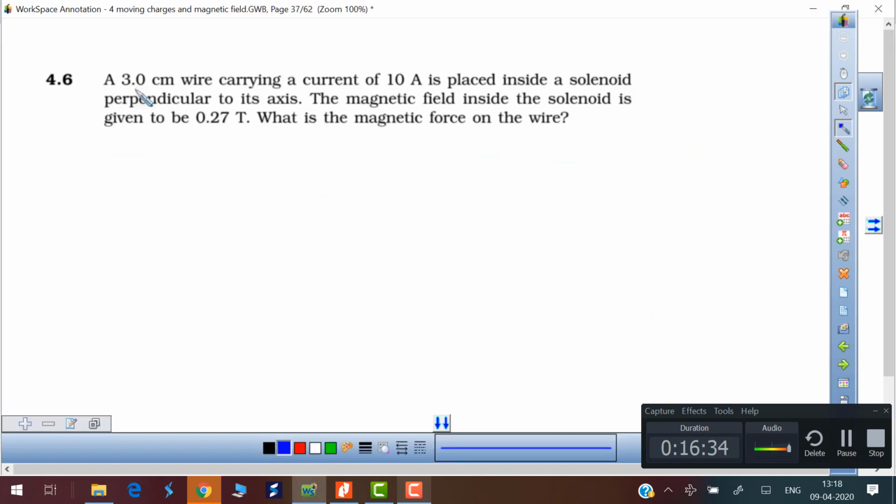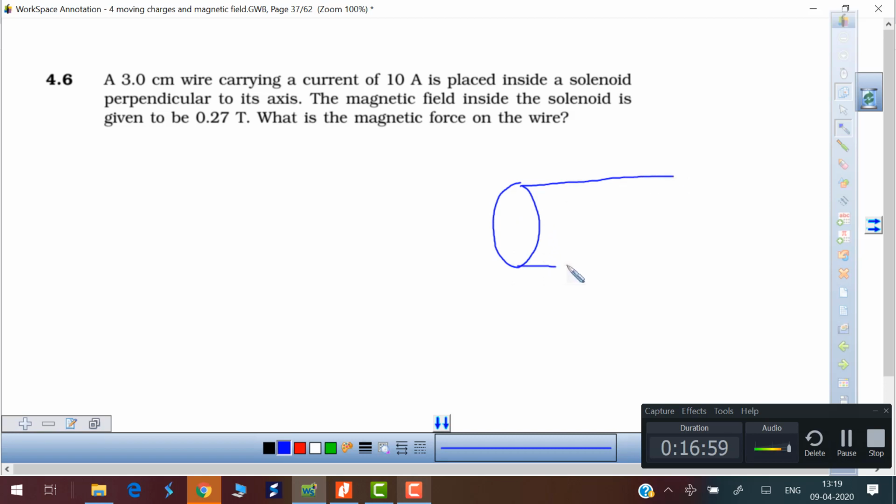Then sixth one, a 3 centimeter wire carrying a current 10 ampere is placed inside a solenoid perpendicular to its axis. The magnetic field inside the solenoid is given by this one. Then what is the magnetic force on this wire? So I try to draw the figure.